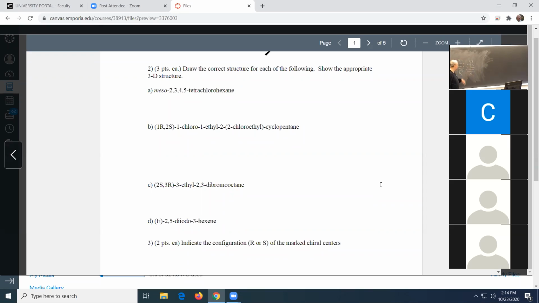Both of these would have a plane of symmetry. Okay, or you could use the dashes and wedges, as long as you correctly showed that it was a molecule with a plane of symmetry.